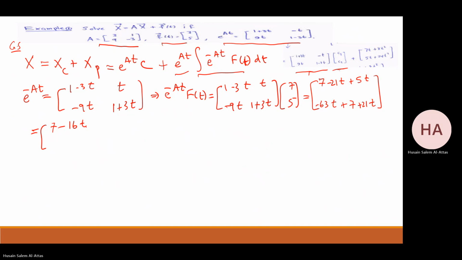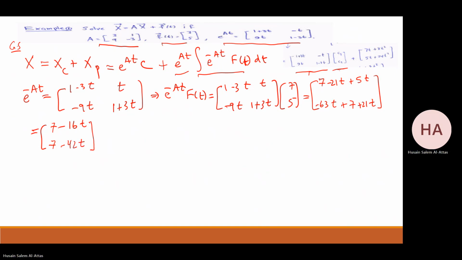Okay. And what is that? This is 7. Plus what? 21 minus 63. That will be 42. 42, yes. Minus 42t.